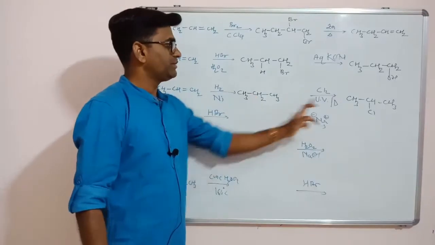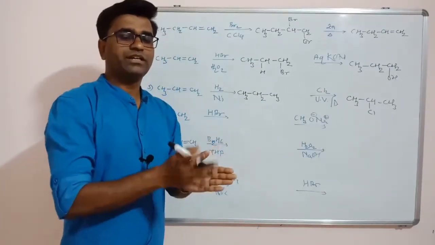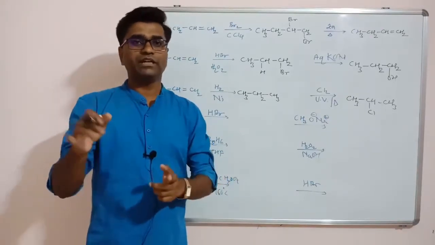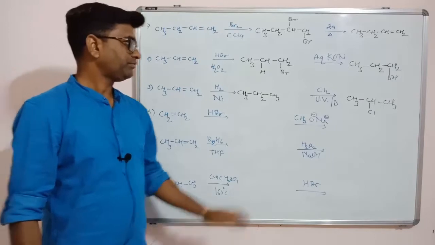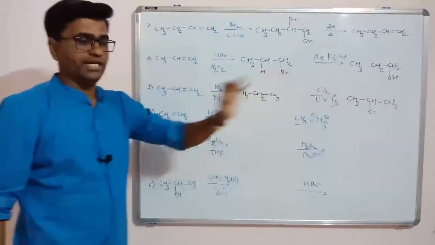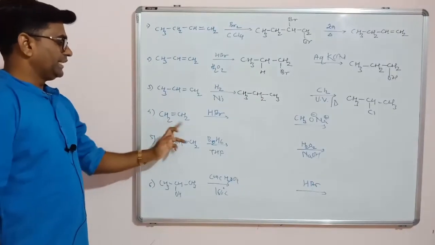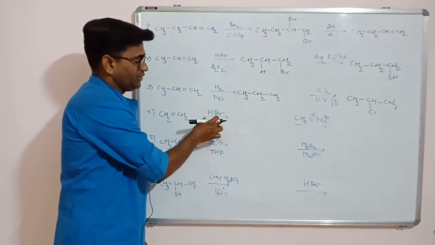Secondary hydrogen is replaced by chlorine. So the reactivity of this halogenation is tertiary more reactive than secondary, and secondary more reactive than primary for the replacement. So you will get 2-chloropropane as a product.